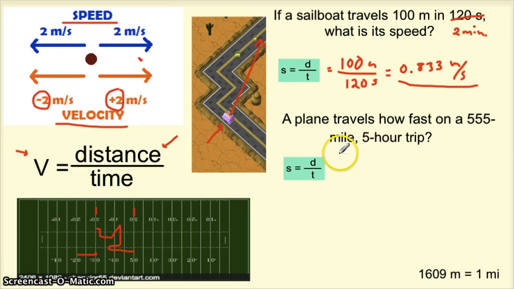Here we have a plane that travels 555 miles on a 5-hour trip. How fast is it going? So let's start out with speed equals distance over time. The distance is going to be, what, 5 hours? No, 555 miles is the distance.